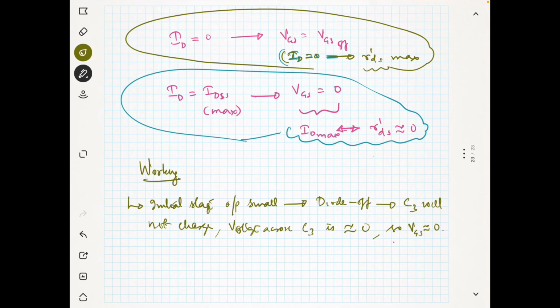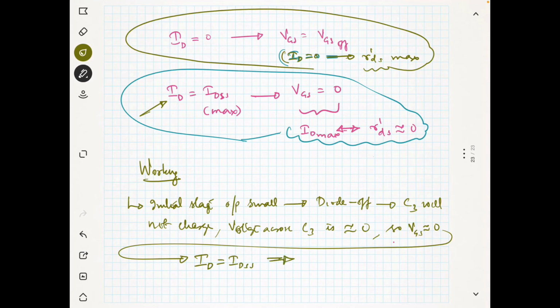But when VGS is approximately 0, I told you that when VGS is equal to 0, the current will be maximum. That means the drain current will be maximum. Then ID is equal to IDSS, which implies that when the current is maximum, the resistance is minimum, so your R dash ds is approximately 0.